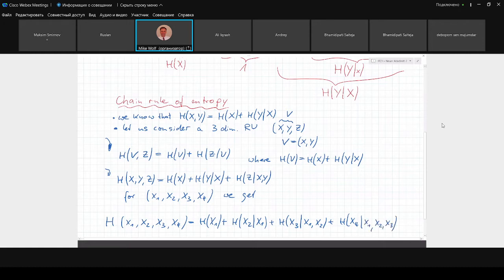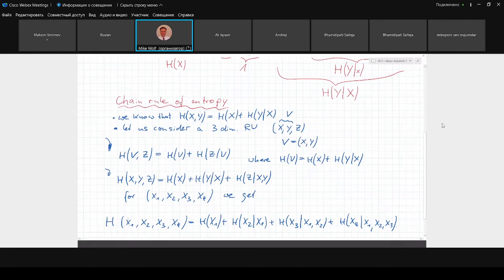Okay. And later, if we talk about sources, it may happen that all these random variables, x1, let's say this is an information source, and usually the sequence is much longer, of course.